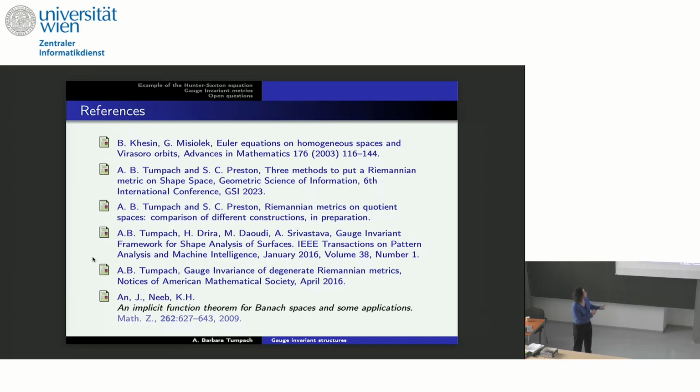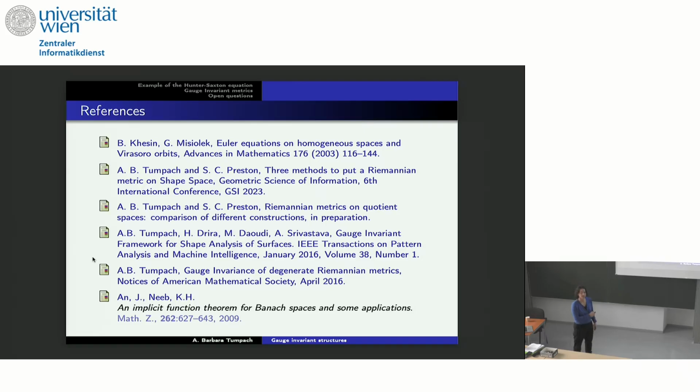The thing that I'm talking about actually is a long-time project with Steve Preston about different ways to endow a quotient with a Riemannian metric. So there is a paper already and a new one with more details.